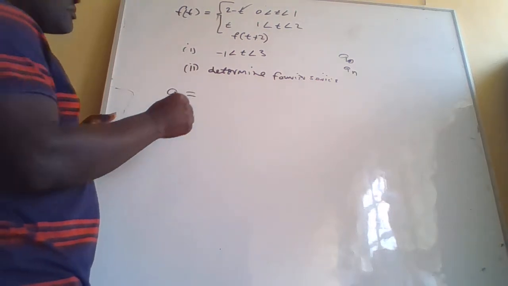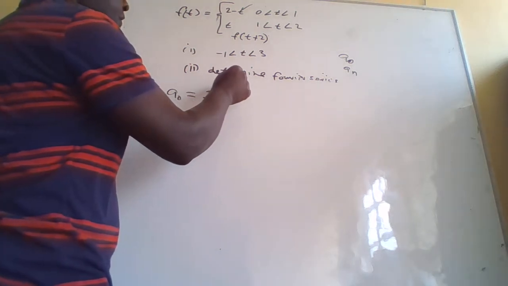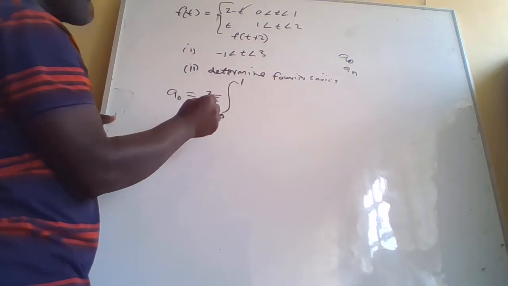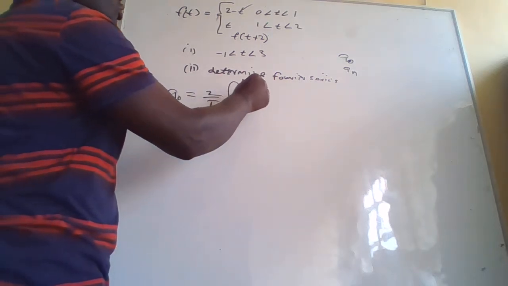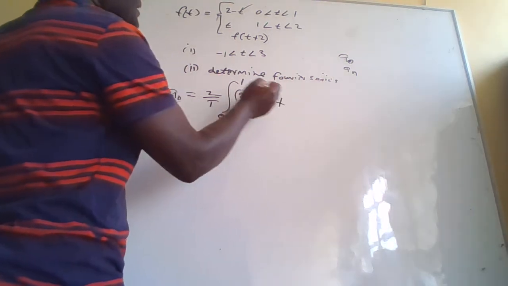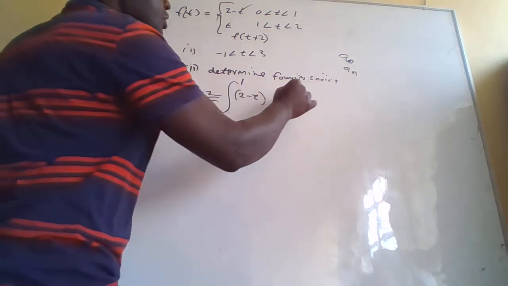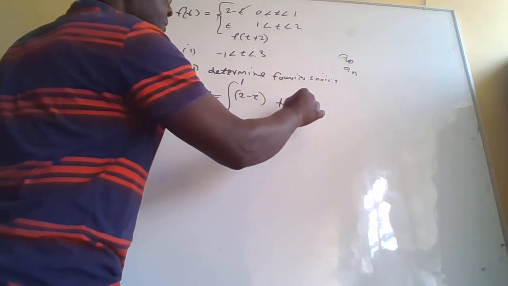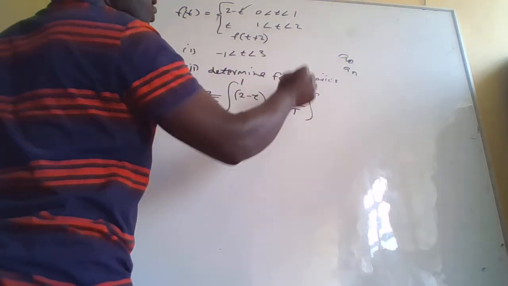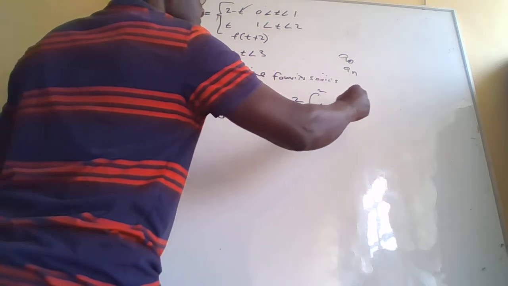a0 is given by 2 over T, the integral from 0 to 1, 2 minus t, then plus the second phase, 2 over T, we are integrating from 1 to 2, t dt.